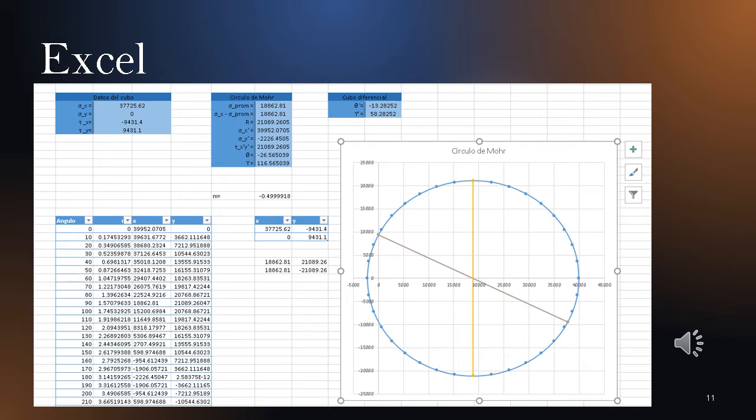So, to complement the presentation, we devised an Excel program where, by only entering the values of the normal and shear stresses, we could obtain the principal normal stresses and the maximum shear stress. The first step was to enter the formulas for the values relevant to the Mohr circle in a table and label the results accordingly.